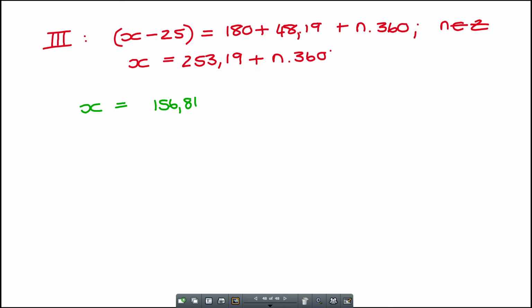If I substitute in 1, it could also be 516,81, nee, if n is 1.